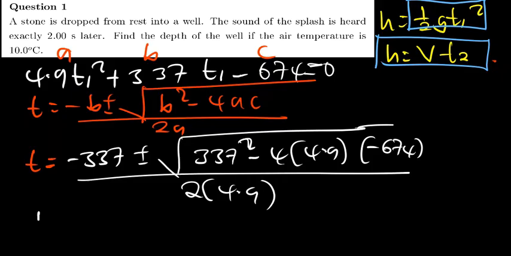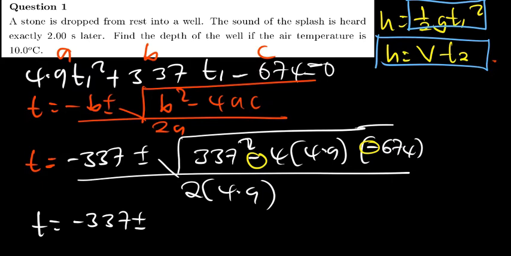So I have T to be equal to negative 337 plus or minus, what is in the square root there? If I do 337 squared, this negative here and that negative will be plus. So I'm going just to say plus, then open brackets, 4 times 4.9 times 674, then I close the brackets.